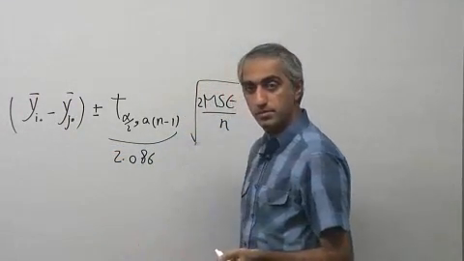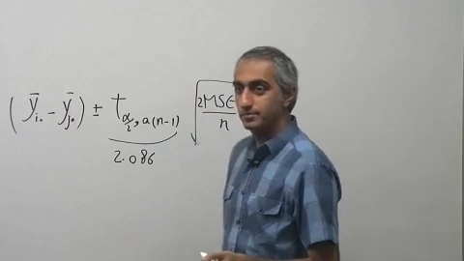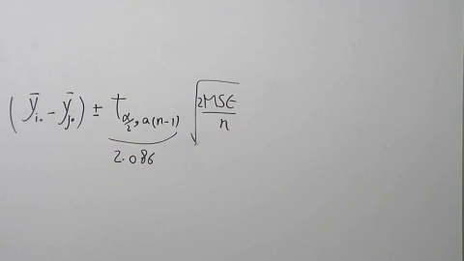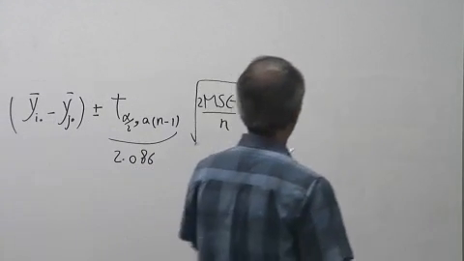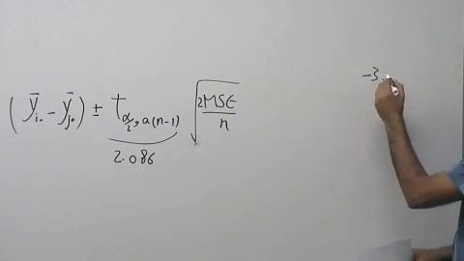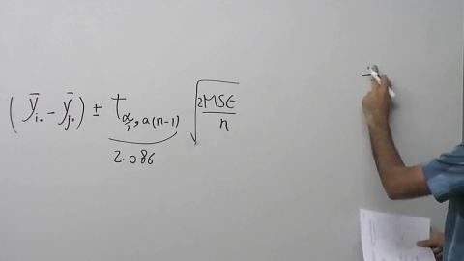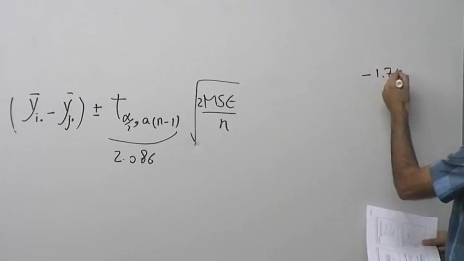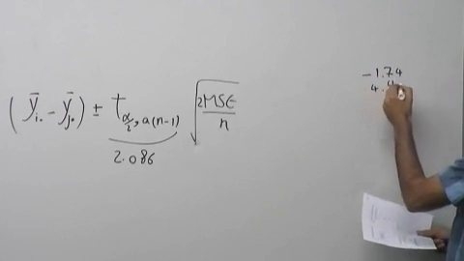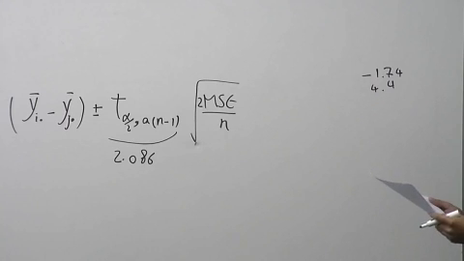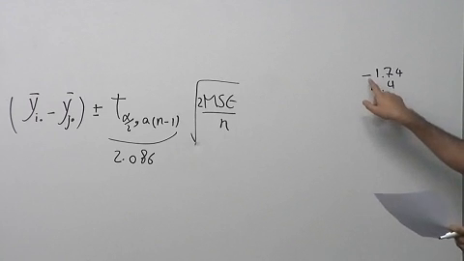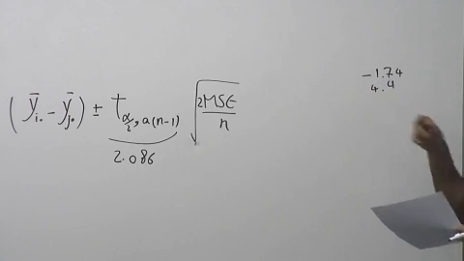So no numbers? Nobody? What's it again? Minus 3 point, minus 1.74, 4.4. Positive? So this is negative, this one is positive.